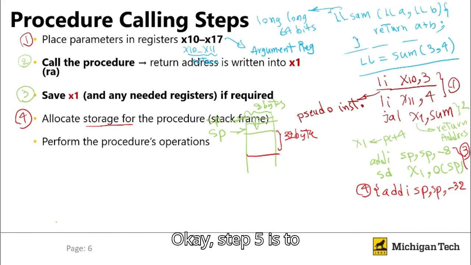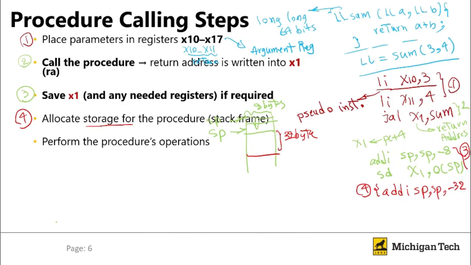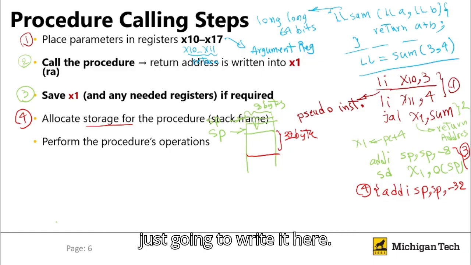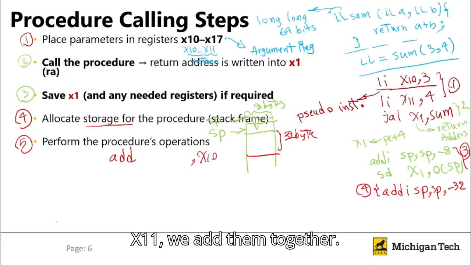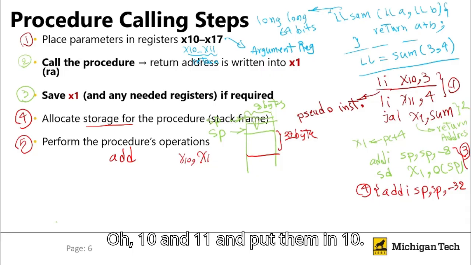Okay, step 5 is to perform the procedure operations. In this example, it's just add. So I'm just going to write it here. Step 5 is just add. So we have x10 and x11, we add them together and put them in x10.